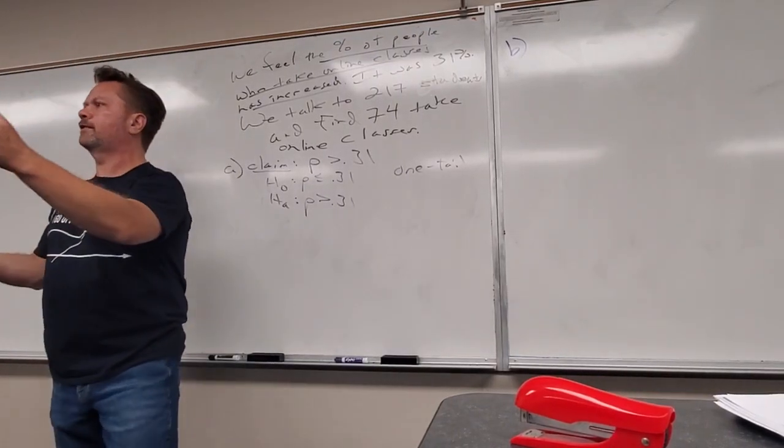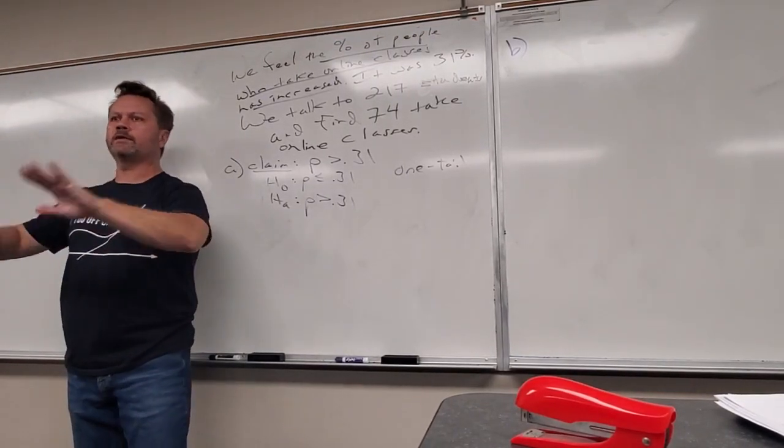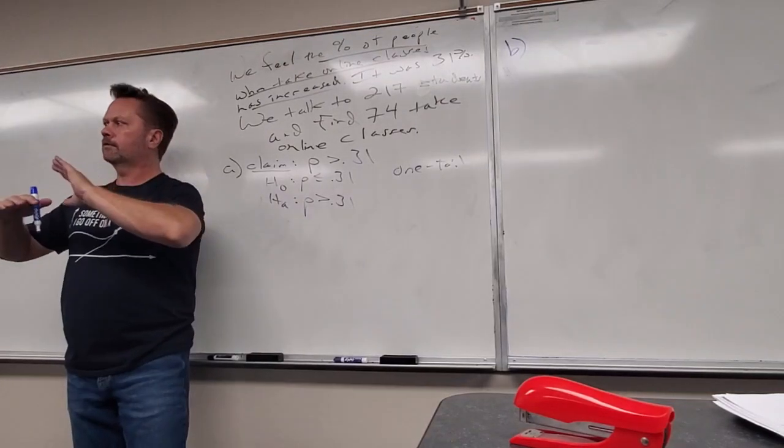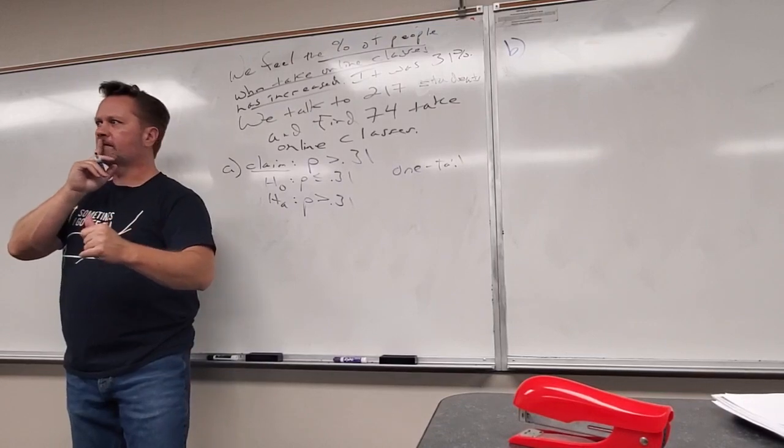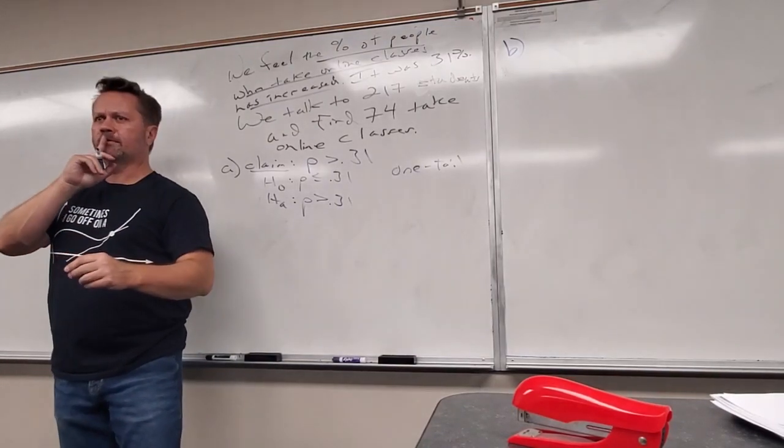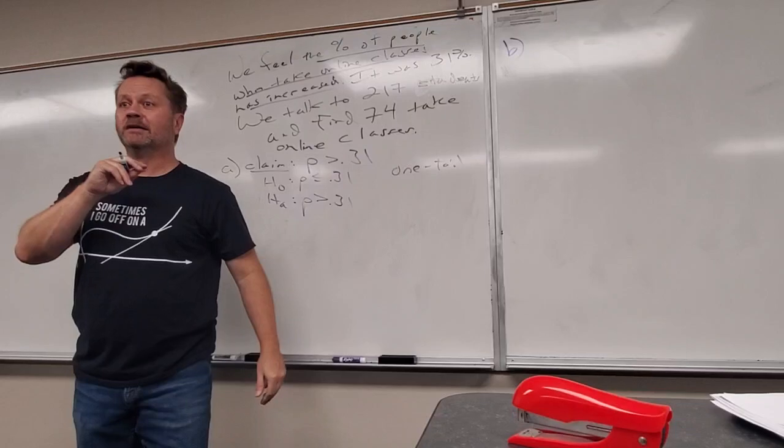Is it normal? So I always have to check to see if it's normal. In this case, what do I have to check? What's greater than or equal to 5?